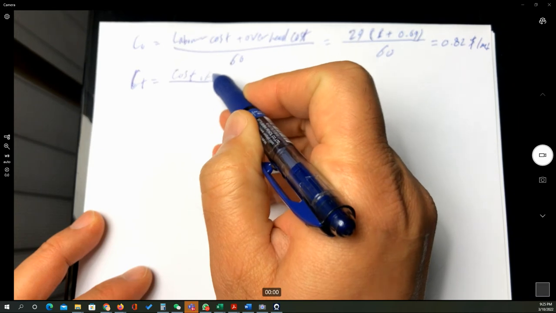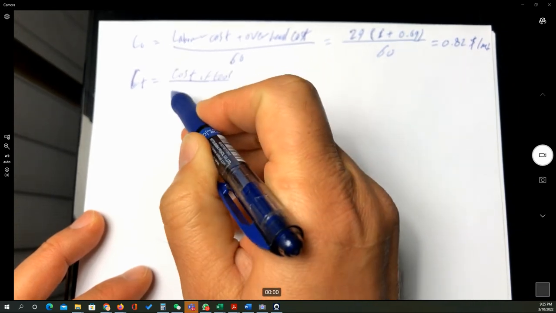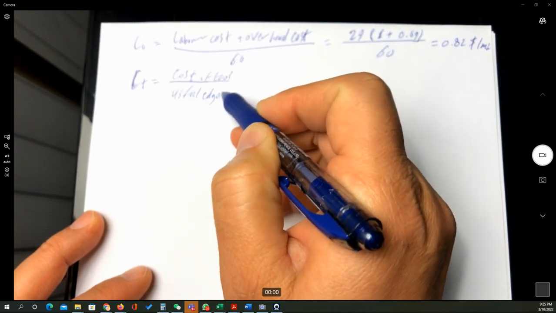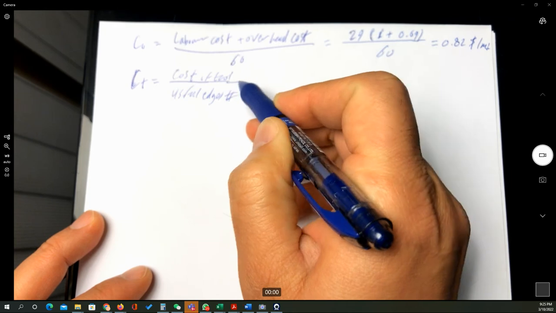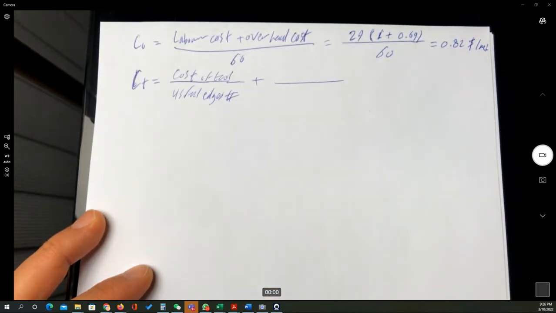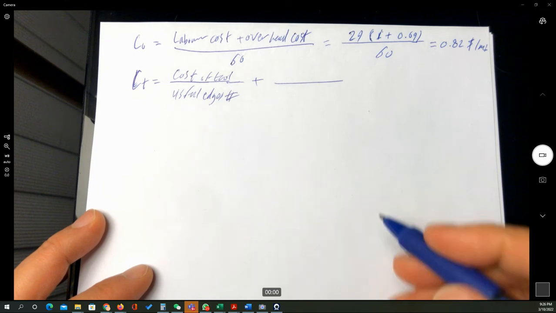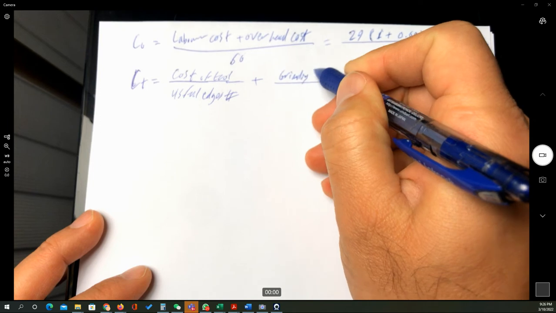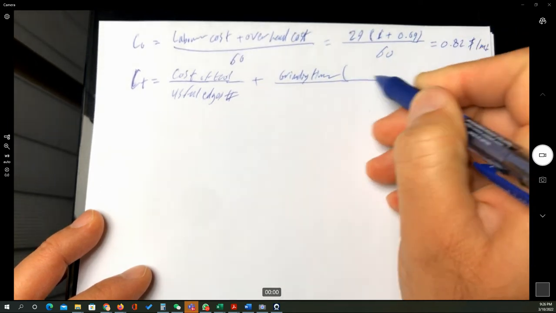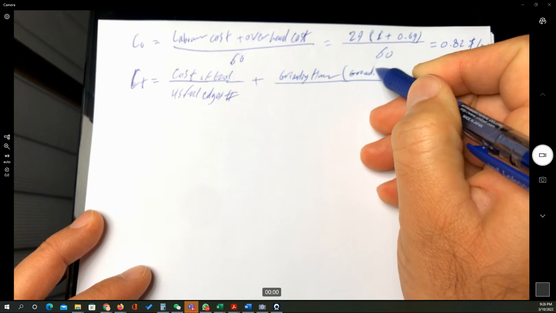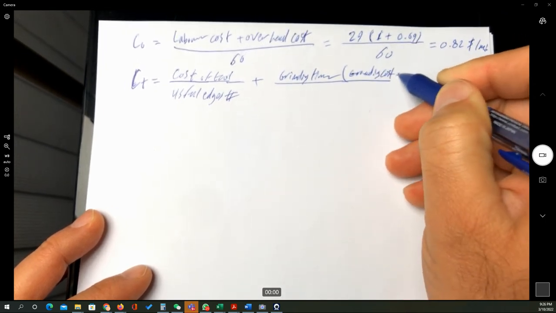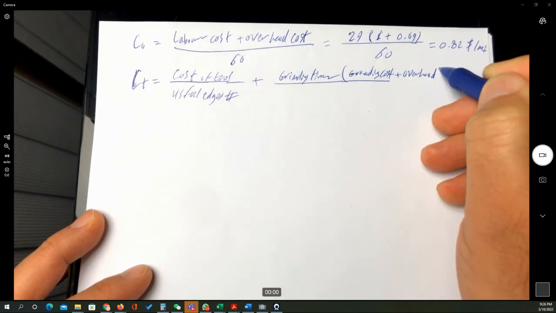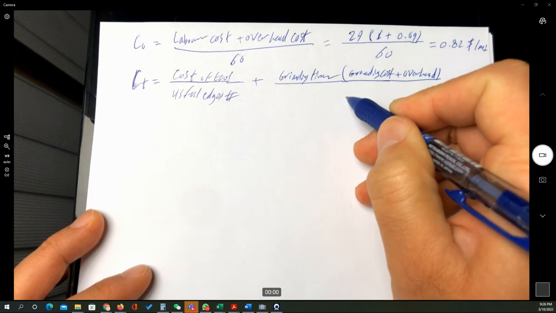Cost of tool divided by the useful edges number, plus the grinding time, multiplied by the grinding cost, plus overhead. And this all is going to be divided by 60.